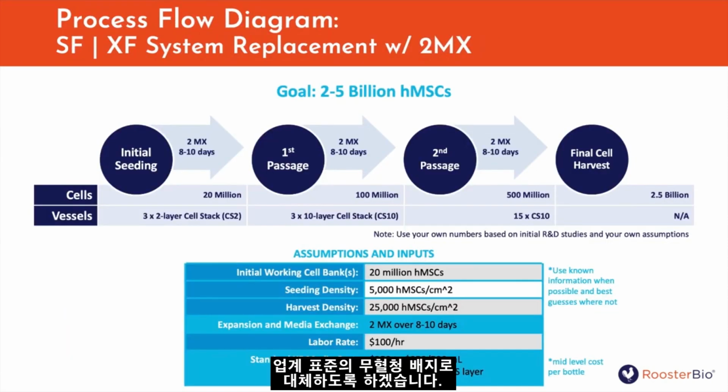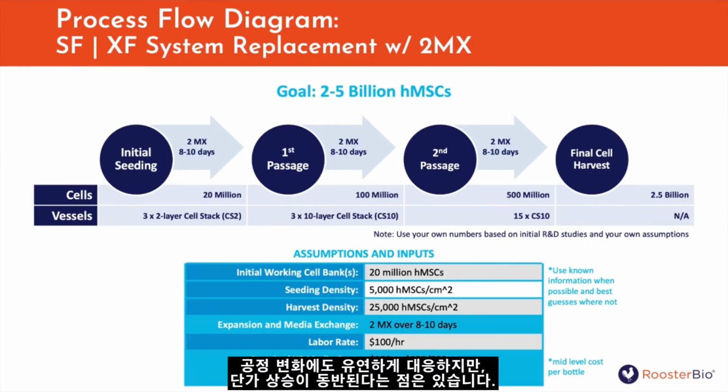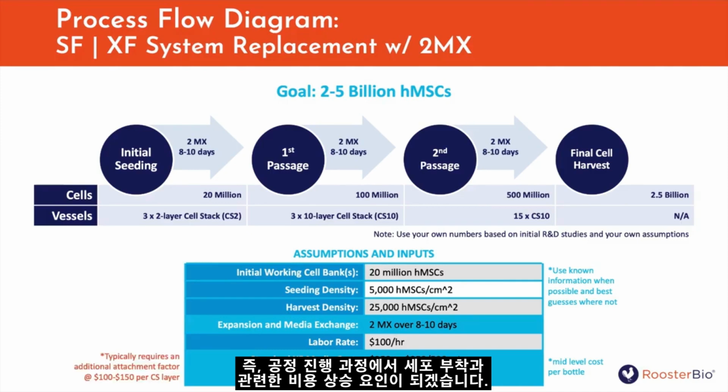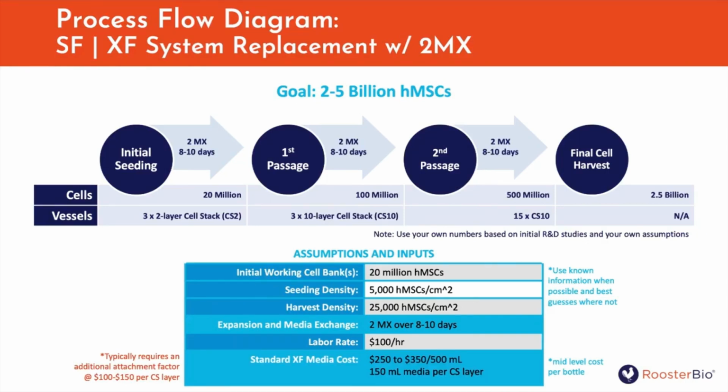To do this, we will substitute in an industry-standard serum-free media that can be used with similar results in our established process. While these materials carry an incremental price increase, they also typically carry over a process change as well. This is a necessary addition, the necessity for additional attachment factors during our processing.